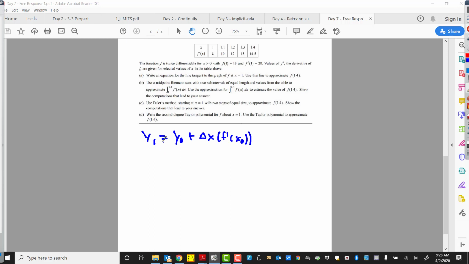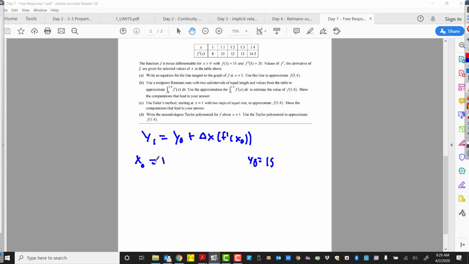Okay? So what this is saying is to move to the next y value, you need the previous y value and the previous x value. So we're saying we want an Euler's method starting at x equals 1 with 2 steps of equal size to approximate f of 1.4. So that means x naught is equal to 1 and y naught is equal to 15.